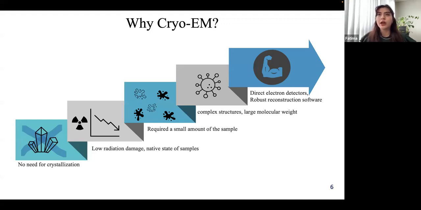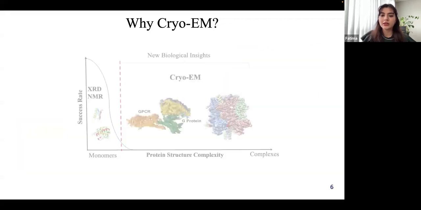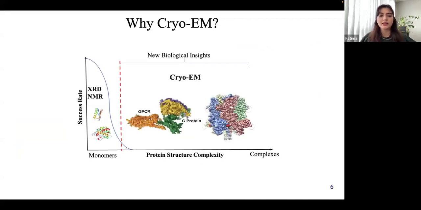You can use it for 150 to 300 kilodalton molecules, and with recent progress in this field, it's expected to even be a replacement for X-ray crystallography. For now, in one field, this technique is even better than other techniques, which is membrane proteins. And in this chart, you can see success rates versus protein structure complexity.